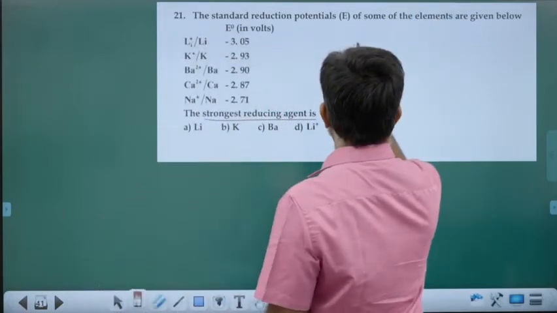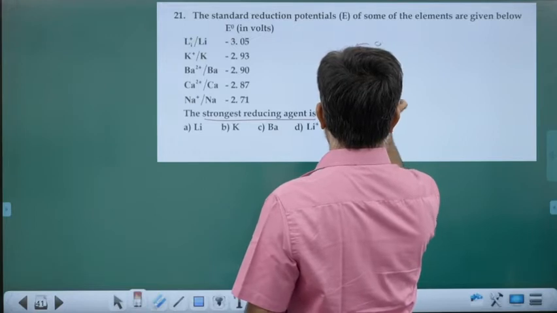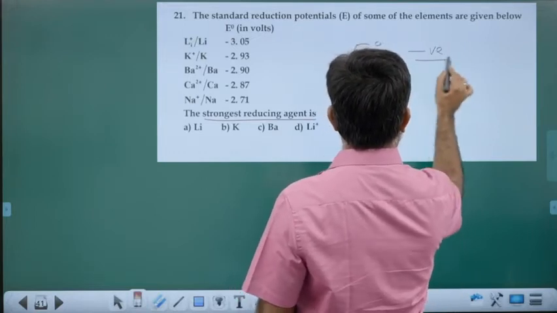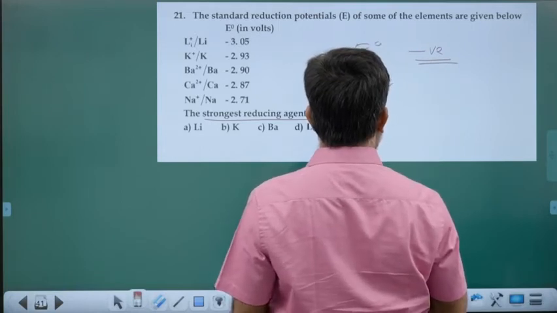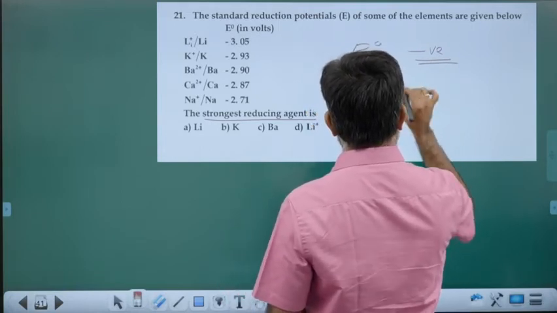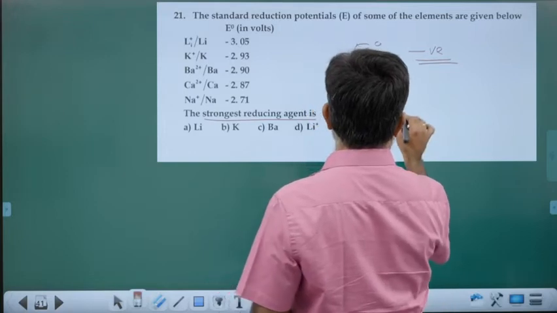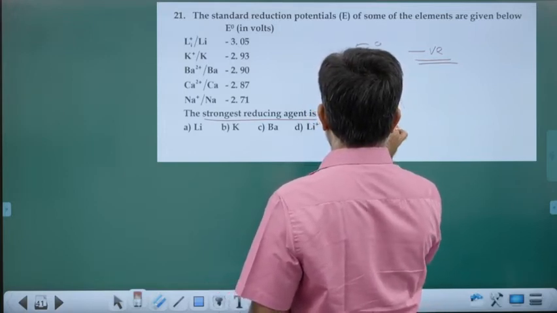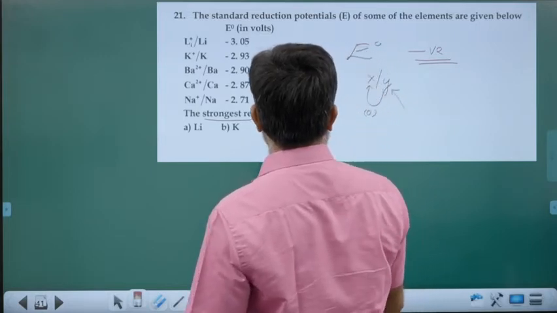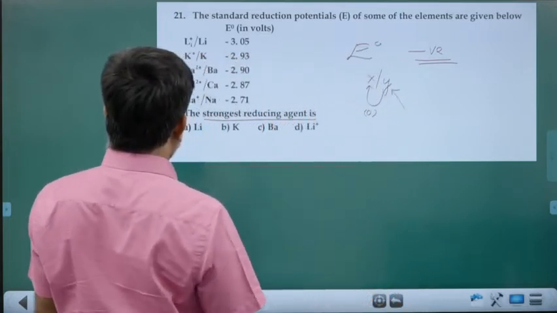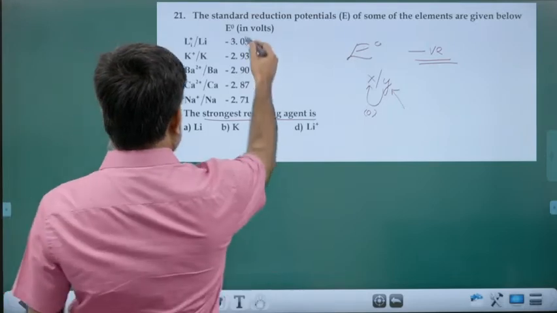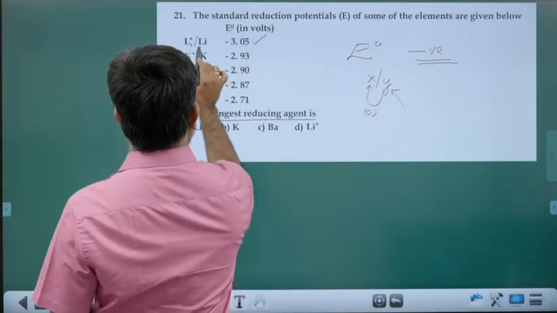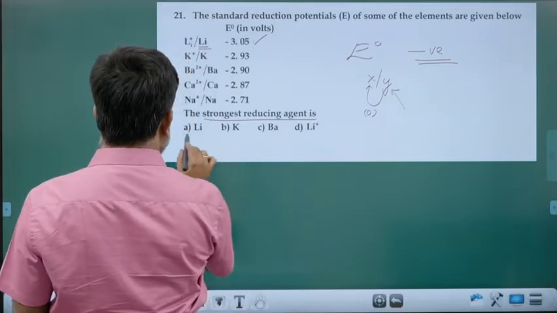First of all, look at the high negative value, and your answer is this species. This is the strongest reducing agent because it is easily oxidized. So identify the high negative value, and the answer is lithium.